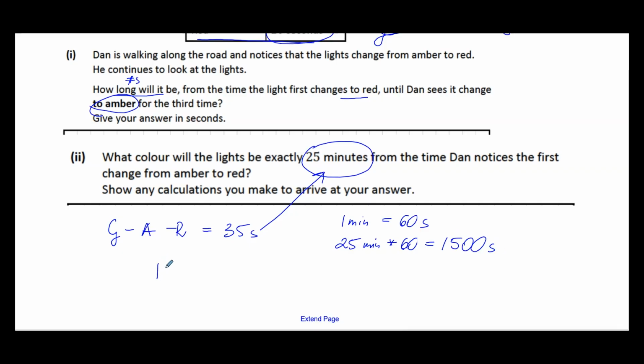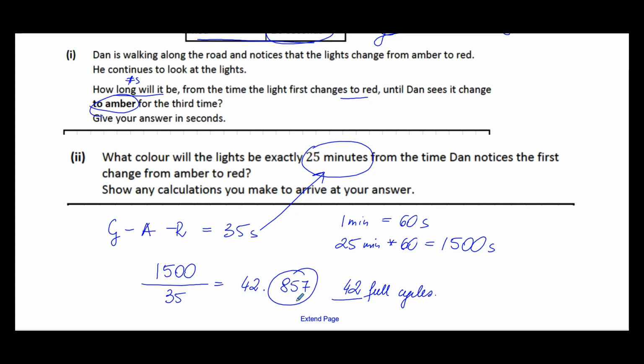So in 1,500 seconds, if I divide that by 35, then I will get how many full changes of light will happen. We put that in the calculator and press equal, and we get 42.857. What does that mean? I have 42 full cycles of changing the lights, and then a bit.